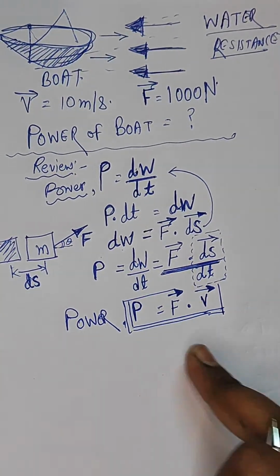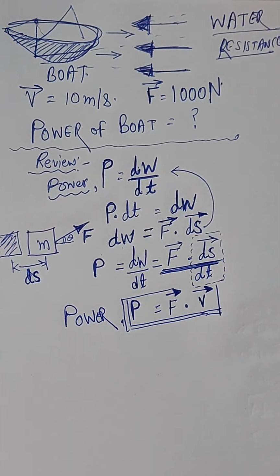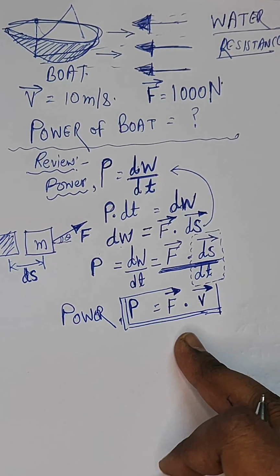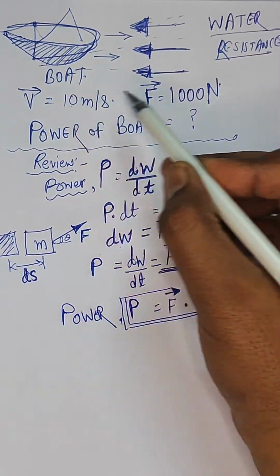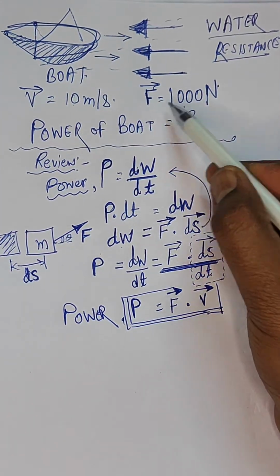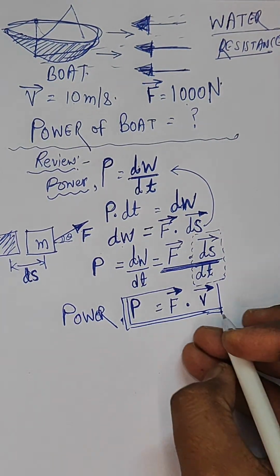So as P is the dot product of F and V, what are the two things given to us over here? Velocity is 10, force is 1000 Newton. Force is applied by the water which is resisting the direction of the boat.